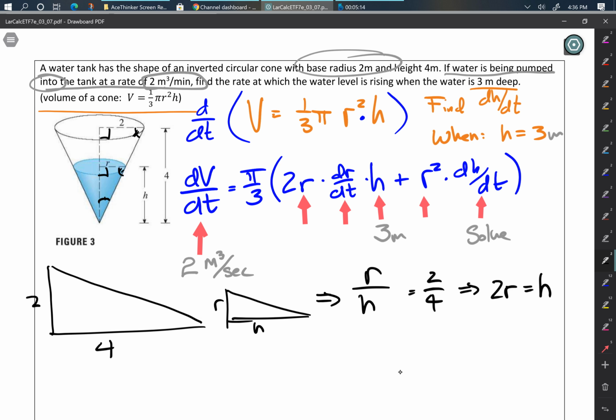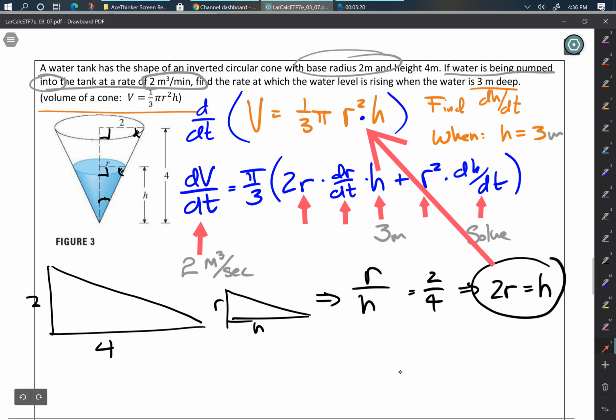You know what this tells me I can do? I can take this information and do a substitution way back up there in the orange and then never have this hot mess of a derivative. I can do that substitution and say, well, R is just equal to H divided by 2.